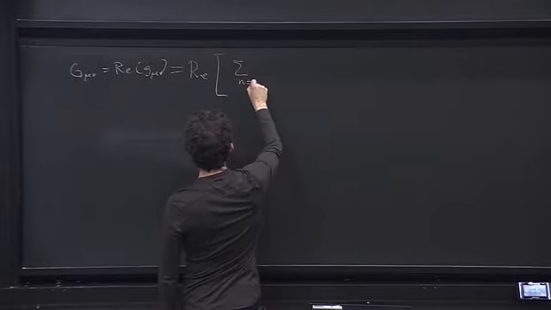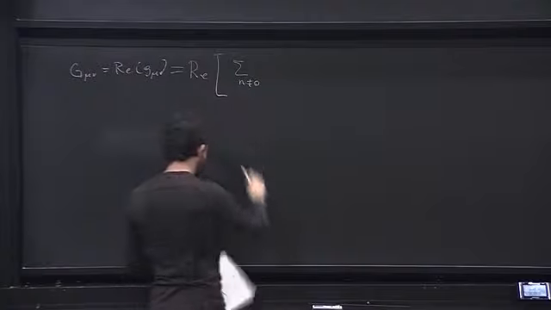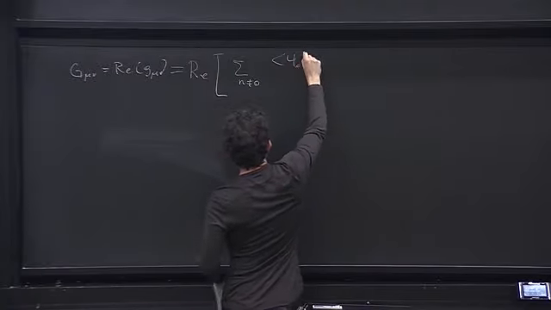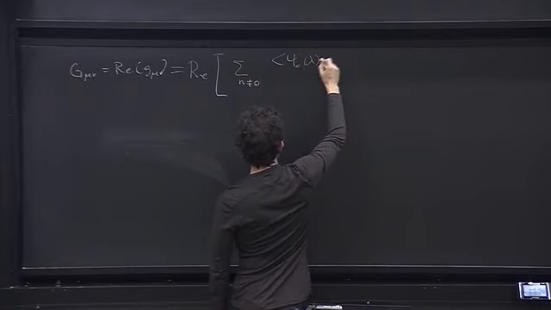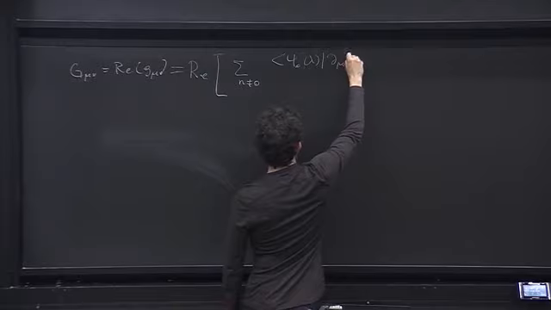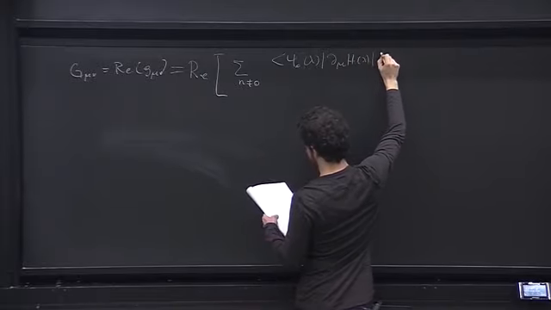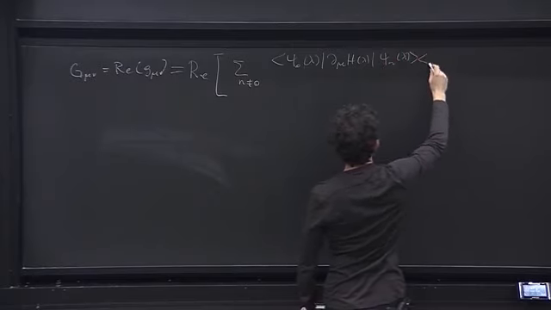It's the sum over n different from 0, where n is labeling the eigenstates of the Hamiltonian. And you have psi 0, which depends on lambda, of course, the mu of H, also depending on lambda, and the nth eigenstate, also depending on lambda.